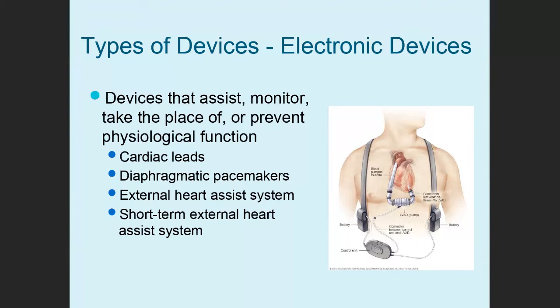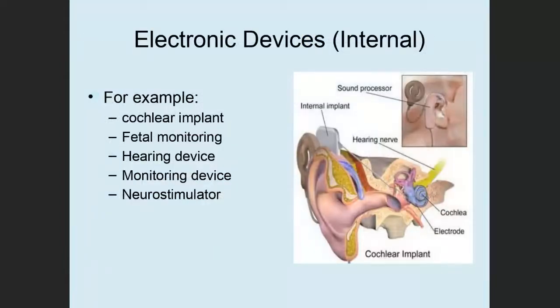So all of these have to do with the heart. But there are other ones that deal with other conditions. We have devices for hearing, devices for fetal monitoring, devices for other kinds of monitoring, and neurostimulator devices. So all of these are electronic devices.